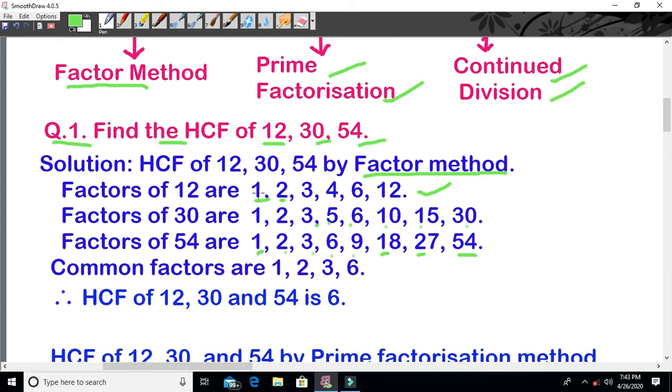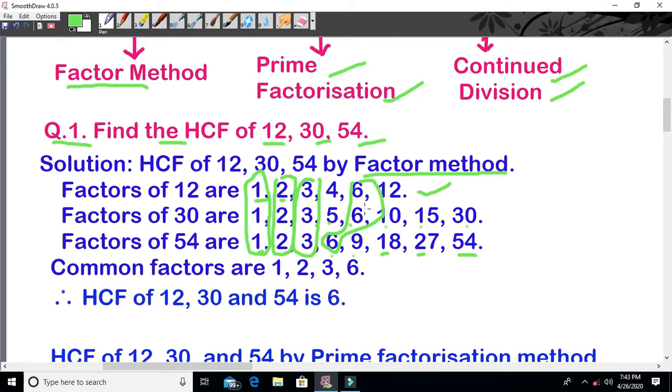So we are observing 1 is appearing in all three. 2 is also appearing, then 3 is also appearing, and 6 is also appearing.